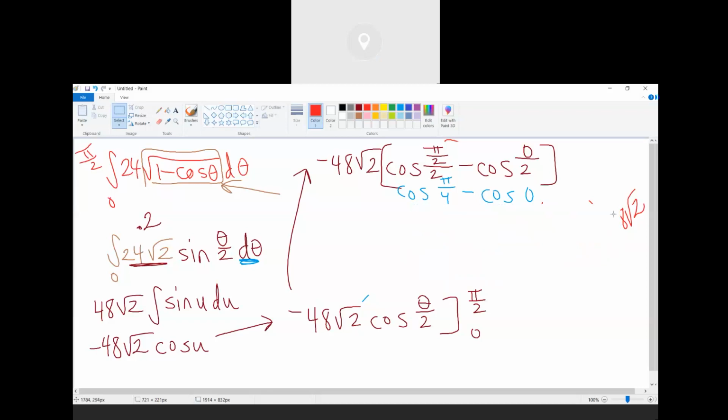Where we found the cosine values, I'm going to leave that fraction as is. So square root of 2 over 2 minus 1. And I'm just going to take that negative 48 square root of 2 and distribute it.